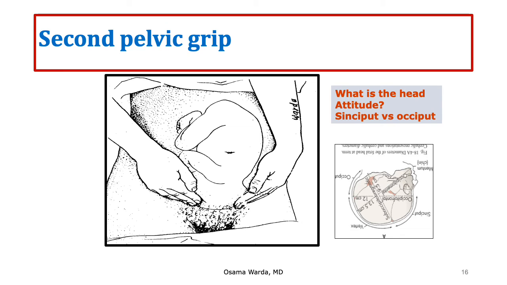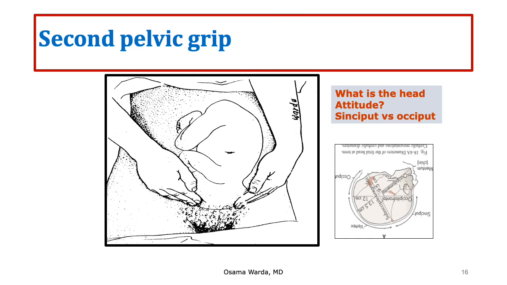We start palpating from the patient's flanks, sweeping the ulnar, the palmar border of our fingers toward the pelvic inlet. We are trying to palpate bony prominences. The bony prominence toward the back is the occipital bone. The bony prominence toward the patient's face is the sinciput.